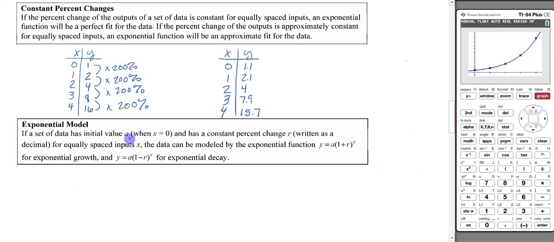So your initial value is a, and that makes sense because if x were 0, then all of this to the 0 is 1. 1 times a is a, and that's how you're getting that initial value.